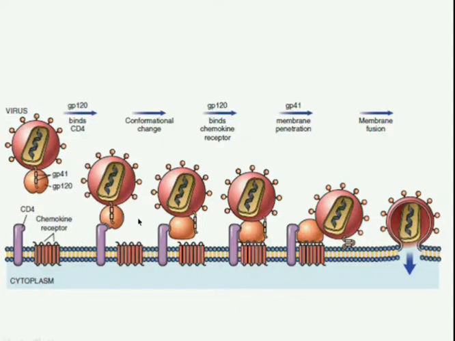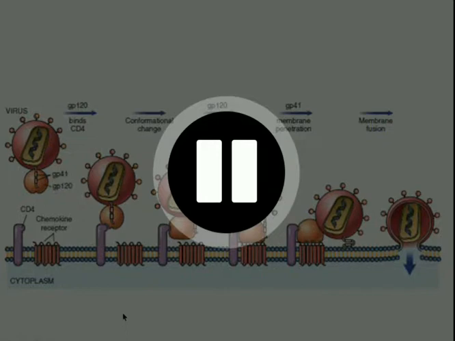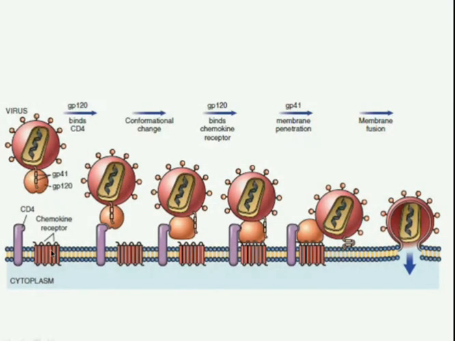This chemokine receptor plays an important role in HIV infection. There are two chemokine receptors, CXCR4 and CCR5. If it uses the CCR5 chemokine receptor, it is called R5 strain. If it uses the CXCR4 chemokine receptor, it is called X4 strain.